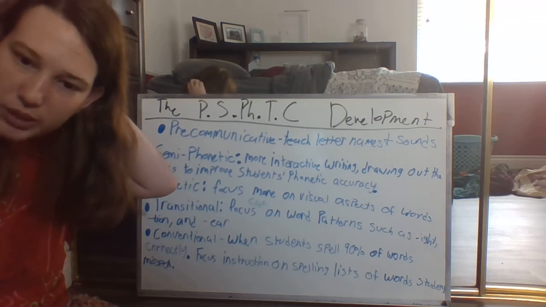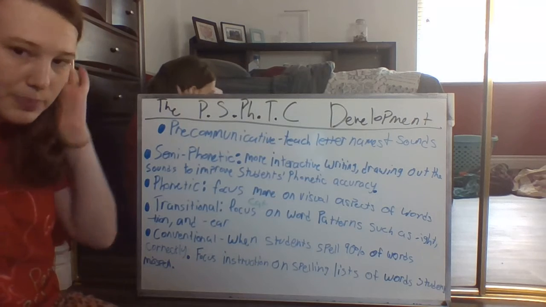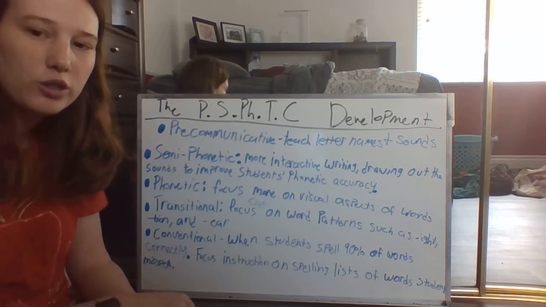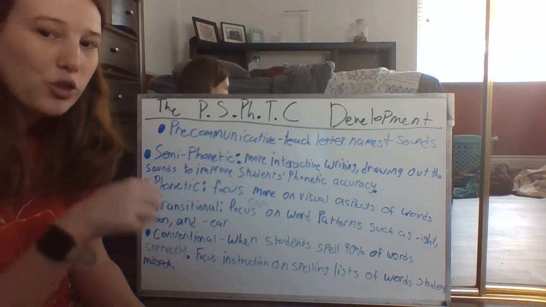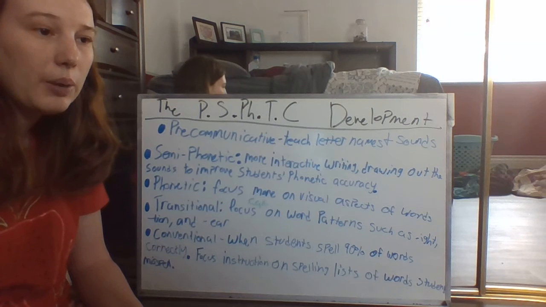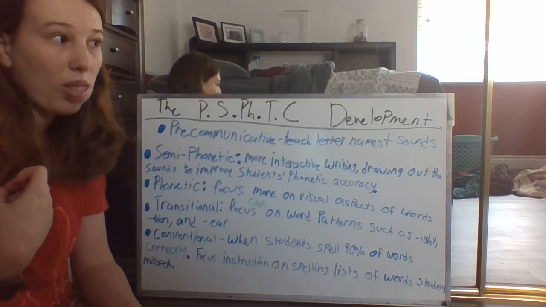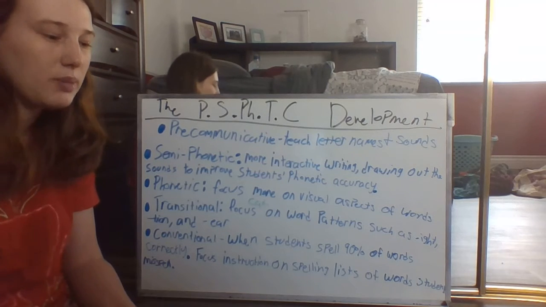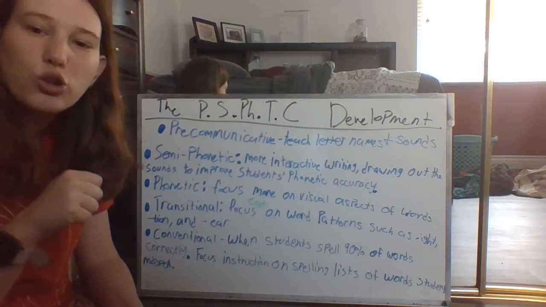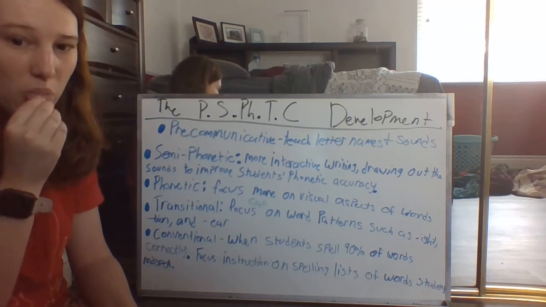The conventional way is basically just that. You're having students focus on a list of words that they might be misspelling or they don't understand real well. Whether that's because of certain rules or they just constantly misspell them over and over and over again.